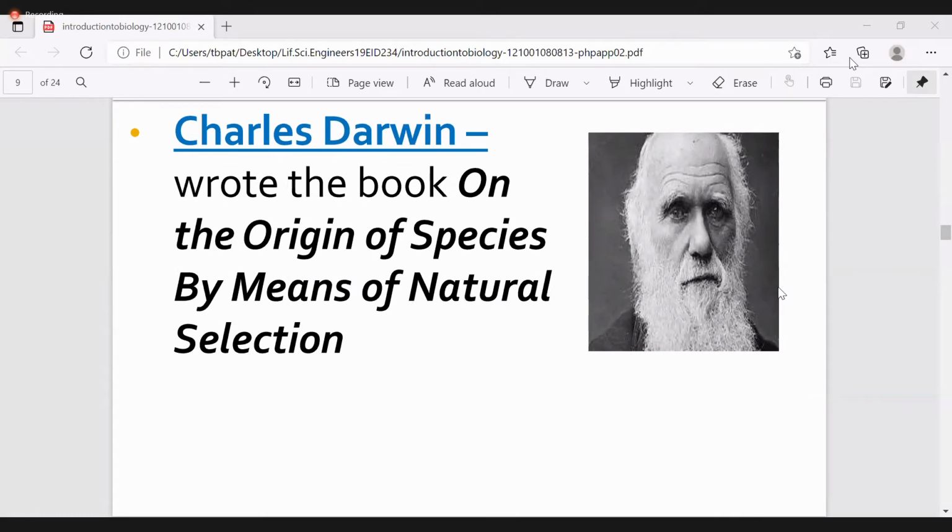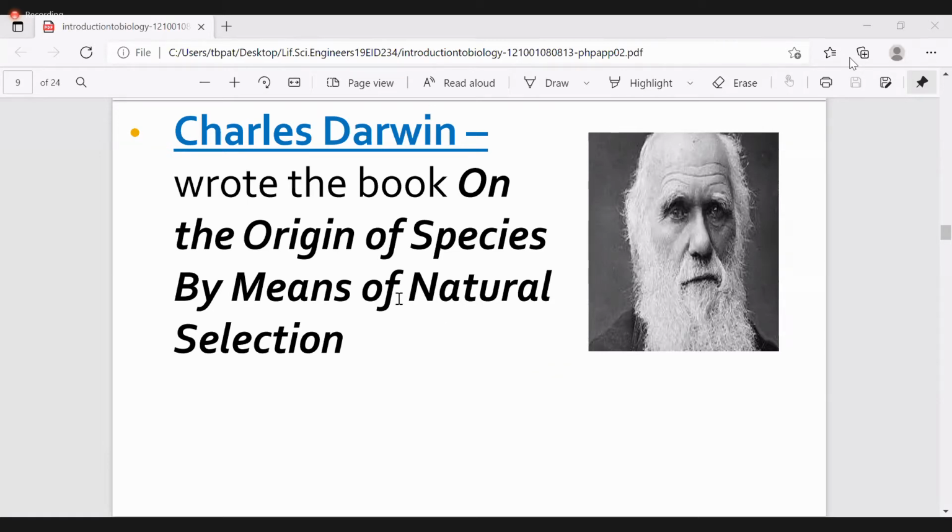Next, a great scientist, all of you have heard about Charles Darwin. He wrote the famous book Origin of Species by Means of Natural Selection, about natural adaptability. But after that, some of the theories in this book in the evolution of biology are not yet fruitful.